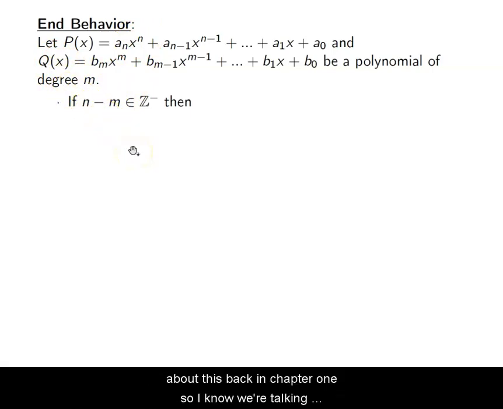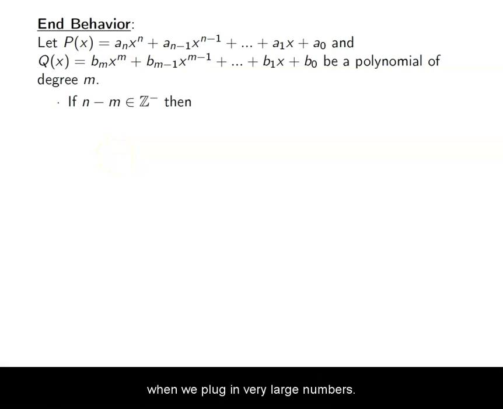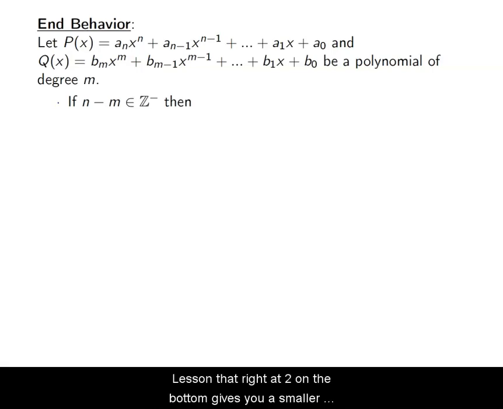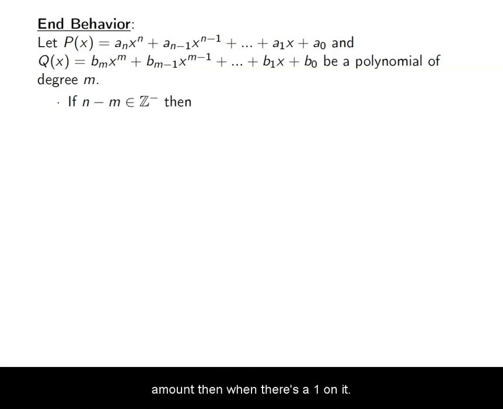So we talked about this back in chapter 1, so I know we're talking a lot before we get into what this looks like. But remember what happens when we plug in very large numbers in a denominator, okay? 1 over 1 is 1, right? 1 over half is less than that, right? A 2 on the bottom gives you a smaller amount than when there's a 1 on the bottom. 1 over 100 is 1/100th.